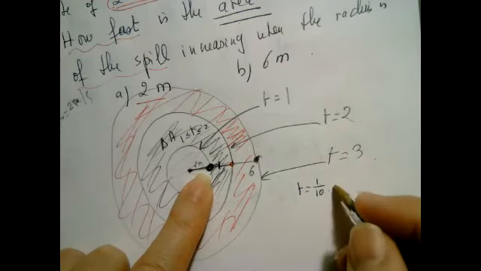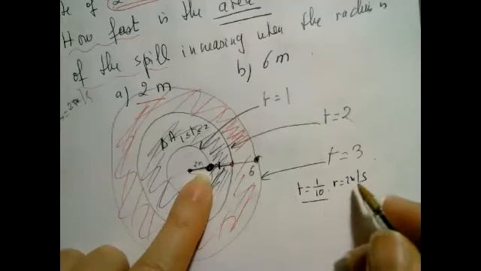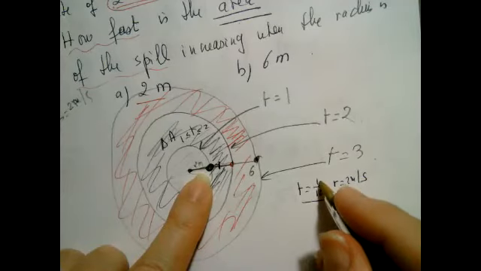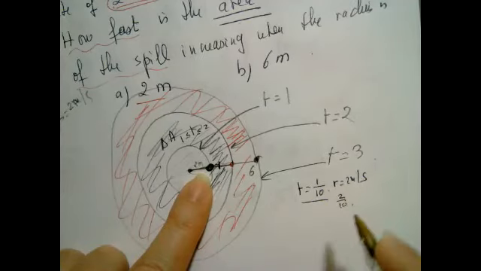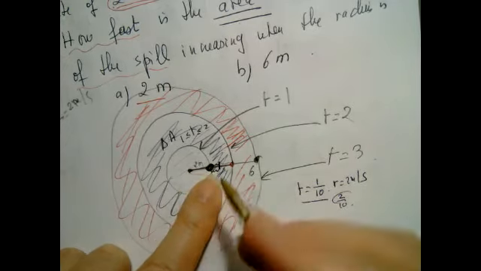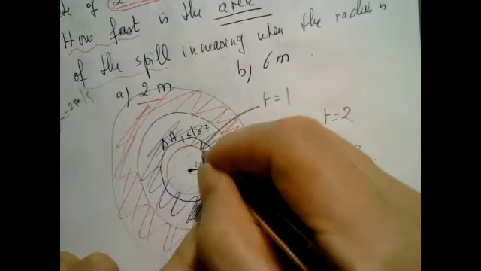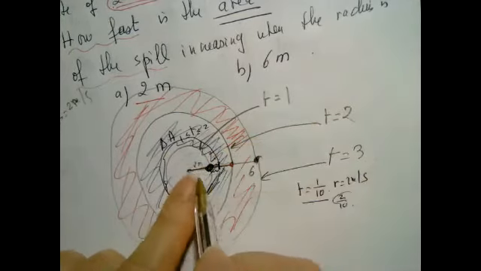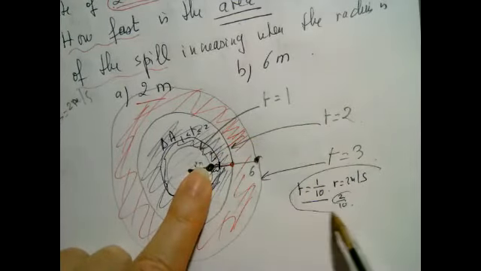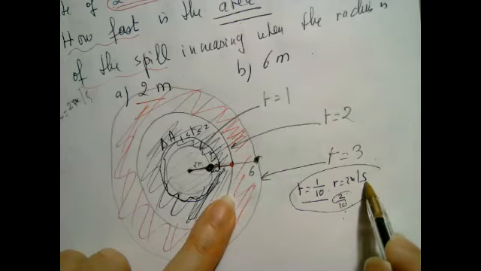Now the radius is changing by 2 meters per second. So in 1/10, the radius changed by 2/10, that much, a little bit. So suppose here the radius changed a little bit. The area is going to change by that much. So if I am at 2 and I change after 1/10 of a second, since the radius is changing at a constant rate, the radius is changed by 2/10 because it's 2 per second.